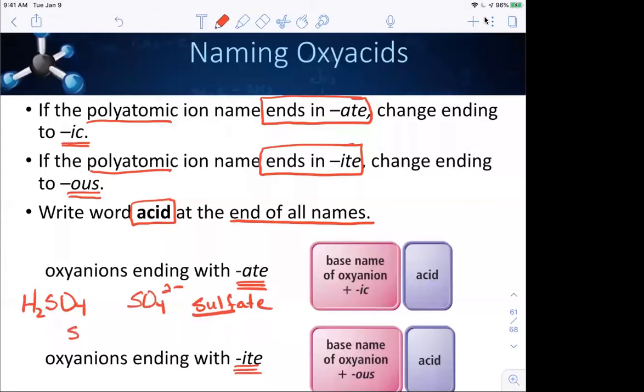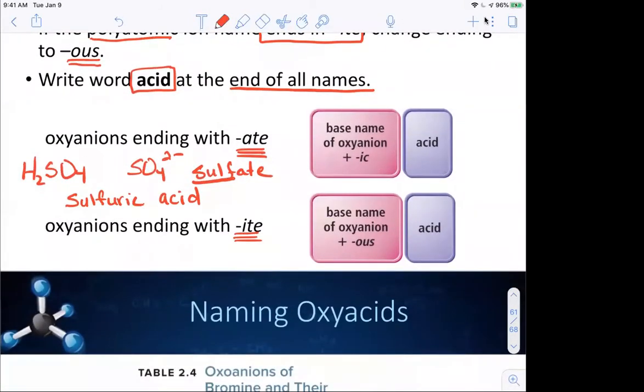So this would be sulfuric acid. If I have H2SO3, which is SO3 2-, which would be sulfite, this would be sulfurous acid.